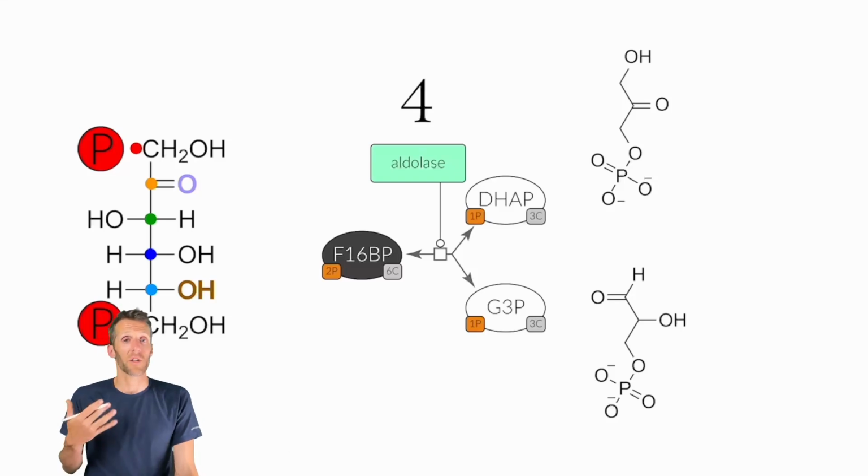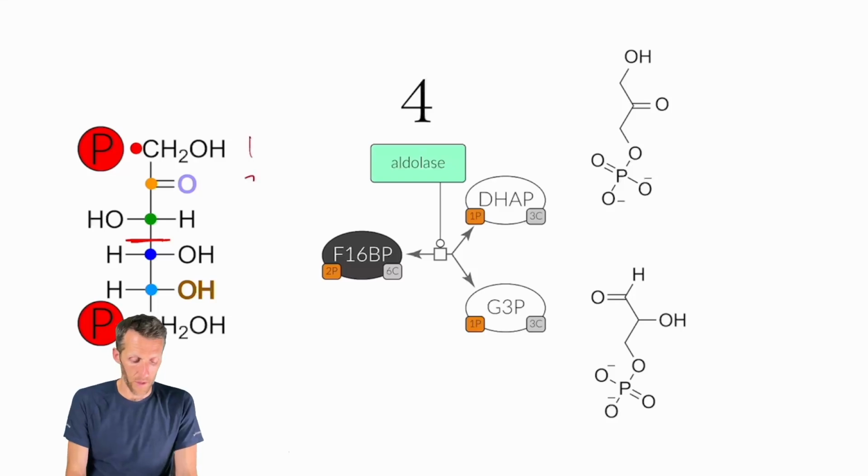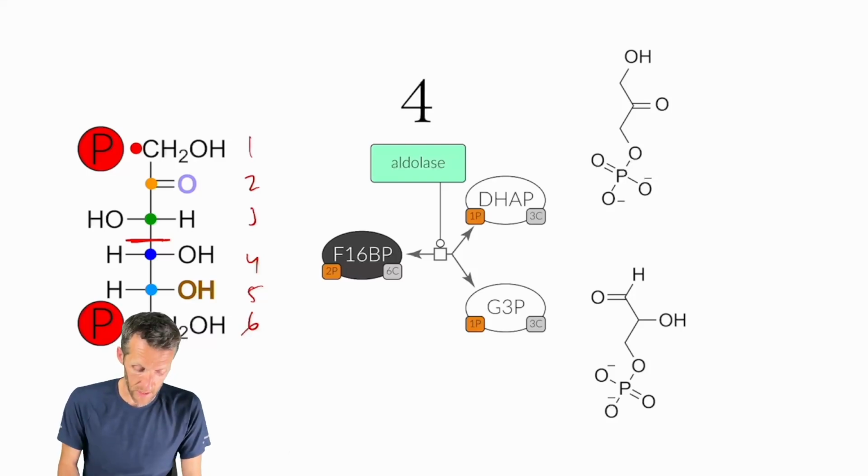The way this enzyme does this is with a ring opening event. So it opens up the ring, and then it cleaves between the 1, 2, 3 carbon and the 4, 5, 6 carbon. So if we numbered these, this is 4, 5, 6, and this is 1, 2, 3.